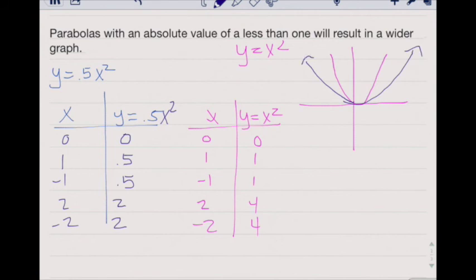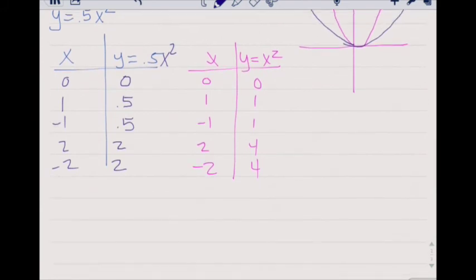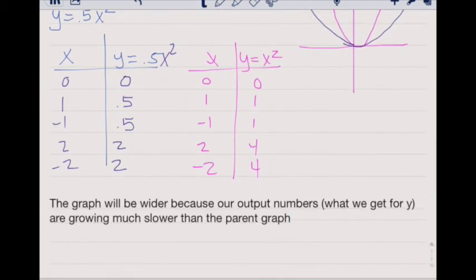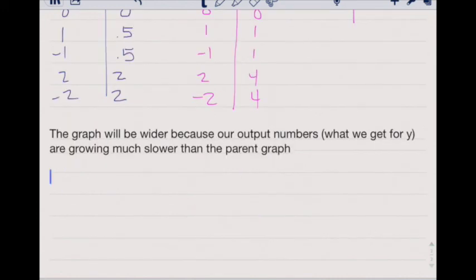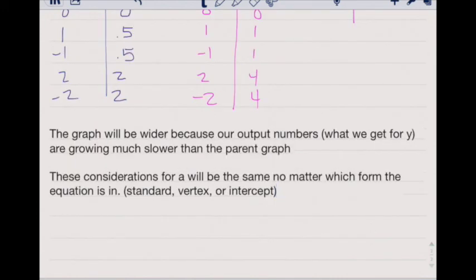Much wider than the original one that I'm comparing it to. So what ends up happening is our graph is wider because our output numbers, the values that we're getting for y, are growing at a slower rate than our original parabola.